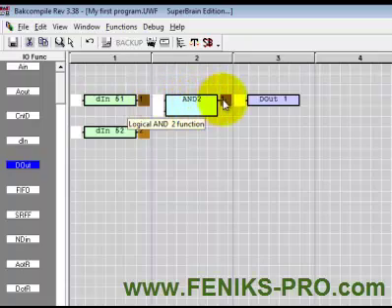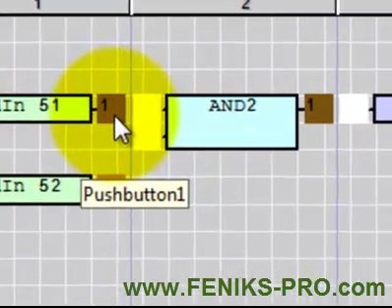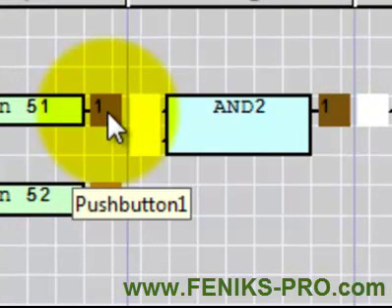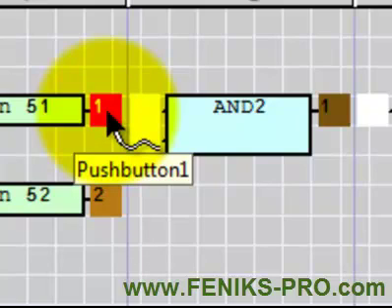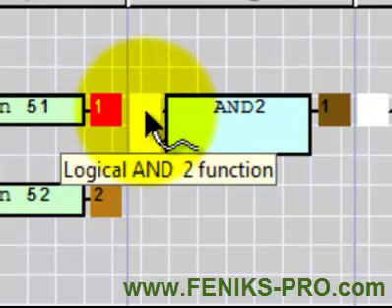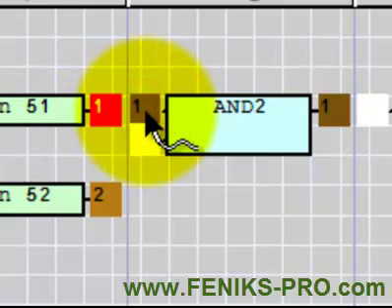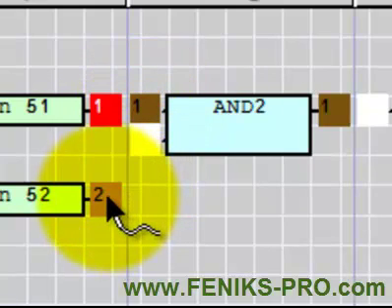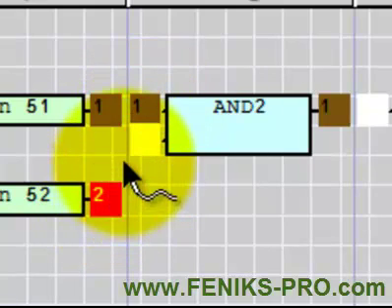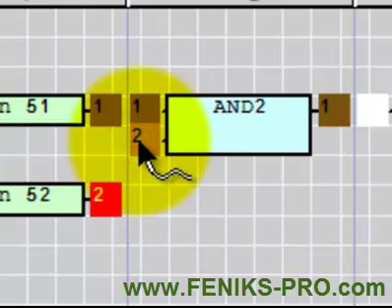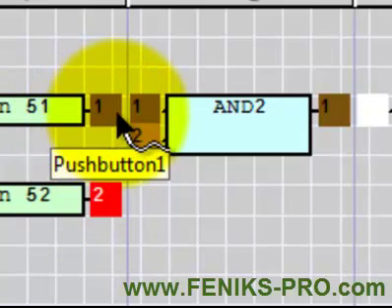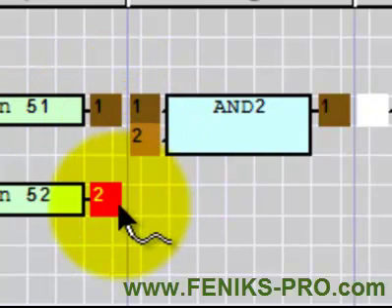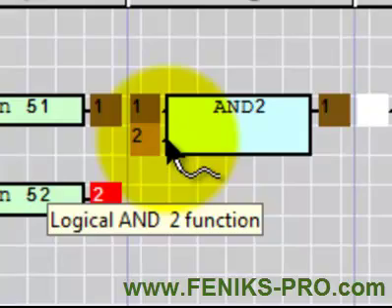Let's connect this together, and we connect it by clicking on this number 1, the output of digital input, and click on the input of the AND gate, and repeat here like this. 2 2, you see the connection is made by numbers. Here is 1 1, that's the pair, and 2 2, that's the other pair.